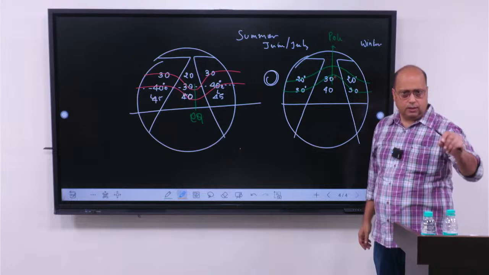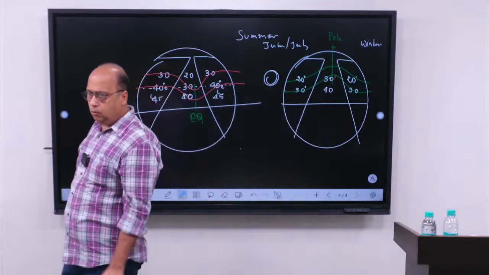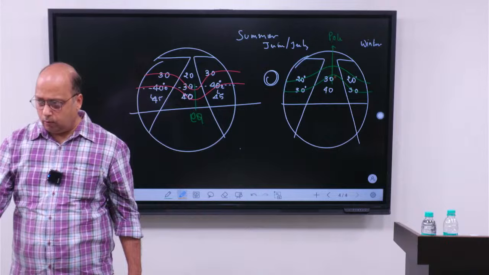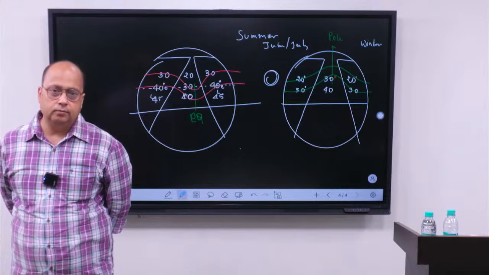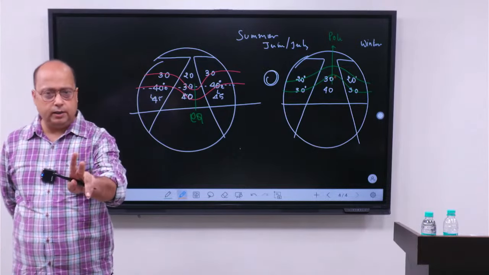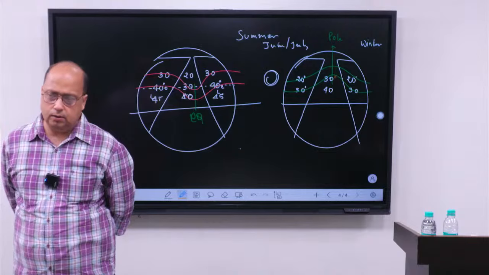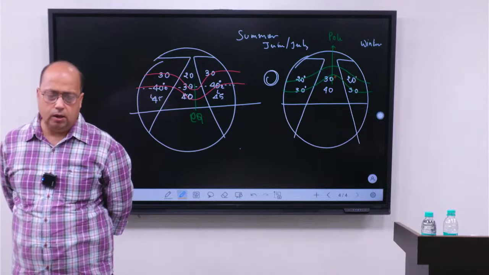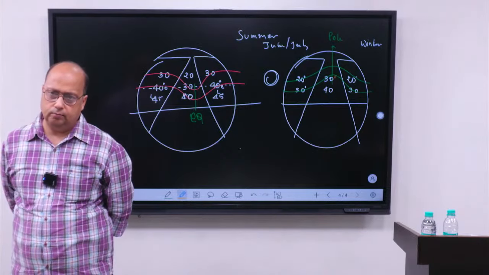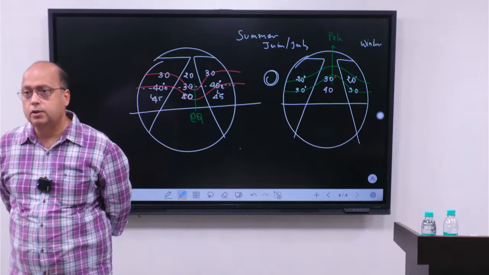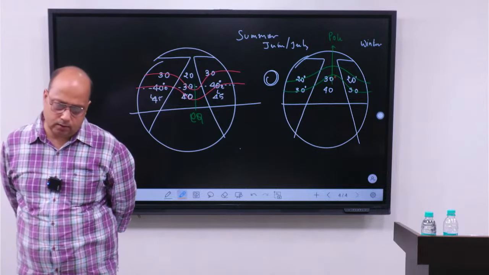Keep writing this too. In the northern hemisphere, we have more irregular isotherms because of uneven distribution of land and water. I'll tell you slowly. You have written winter and summer. In the northern hemisphere, the distribution of isotherms is more irregular, but it is more regular in the southern hemisphere.